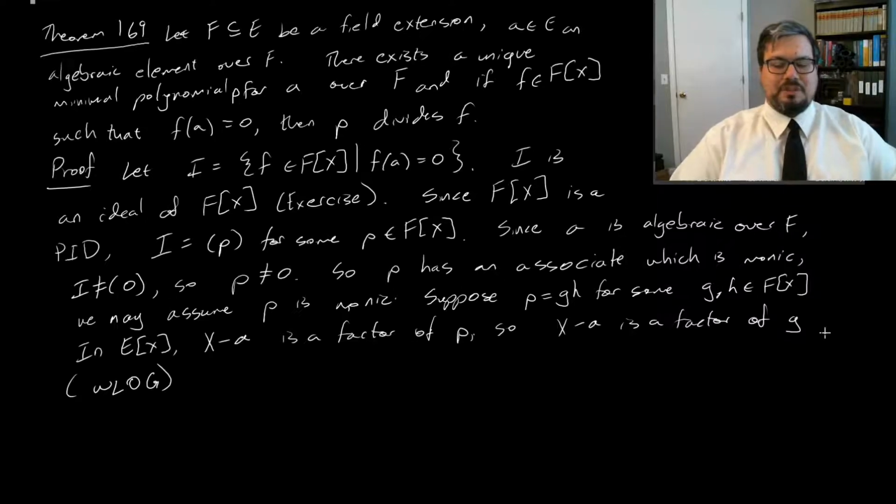So that means that G of A is equal to 0.